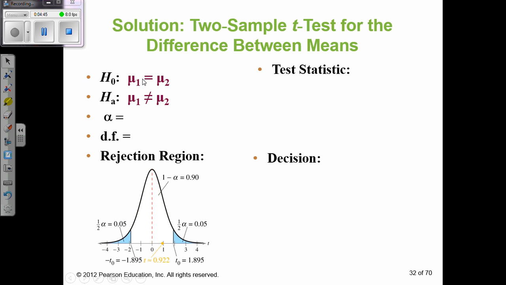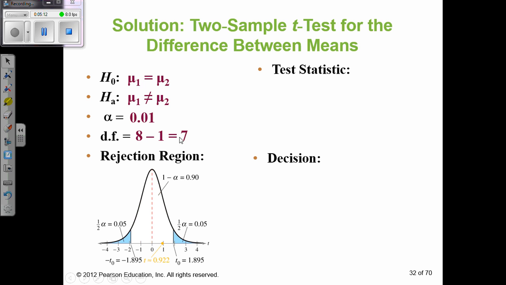So our null hypothesis is that they are the same versus they are different. That makes this a two-tailed hypothesis test, since the alternative is not equal to. We determine from the problem that our significance level is 0.01, and then our degrees of freedom is the smaller sample size, which was 8, minus 1, so our degrees of freedom is 7.